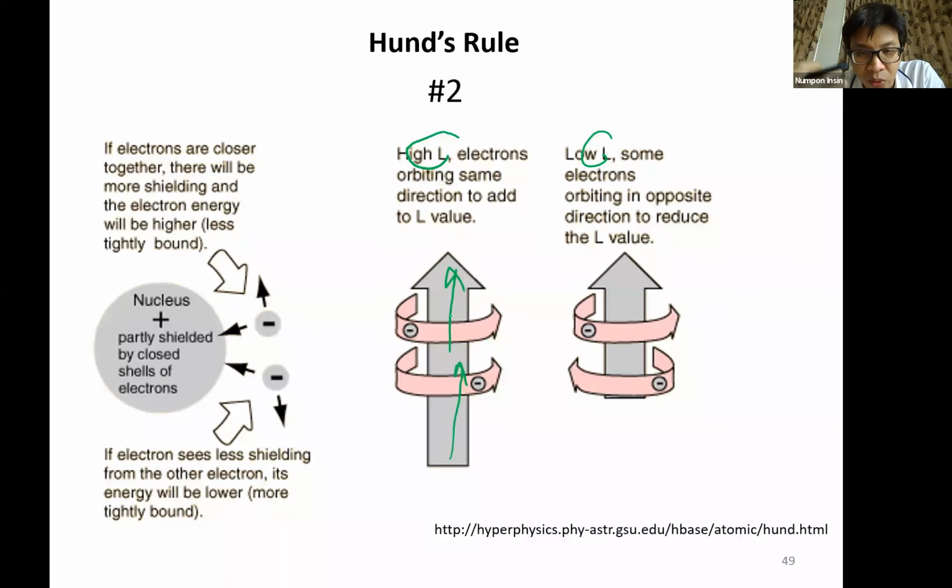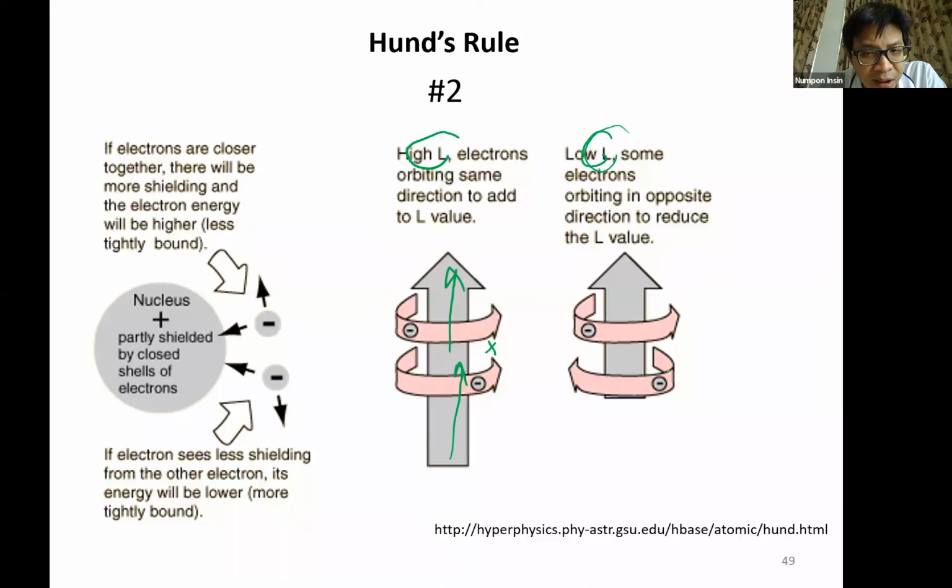You can see the orbitals are pointing in the same direction, and if electrons are pointing in the same direction, the chance of them seeing each other is going to be quite low. But if you have a low L value, it means some orbitals arrange themselves in opposite directions. So electrons in opposite directions have a chance to see each other more often, right?